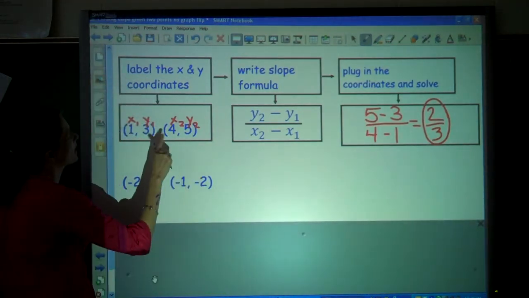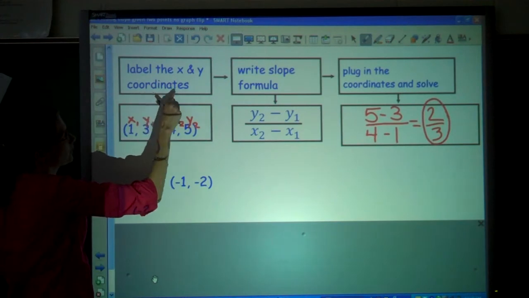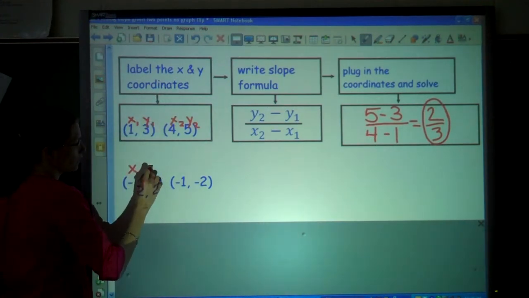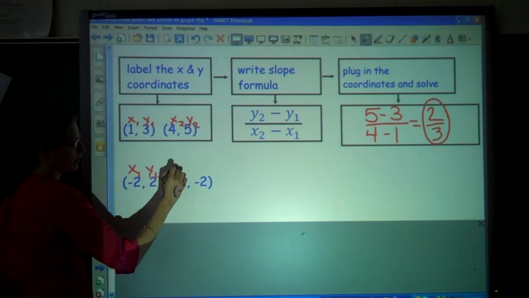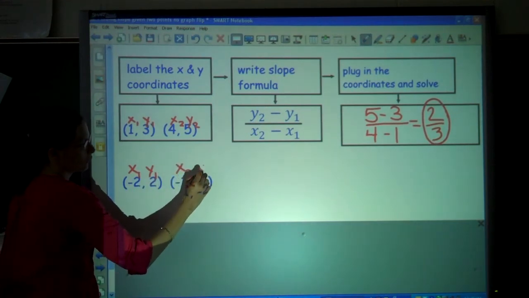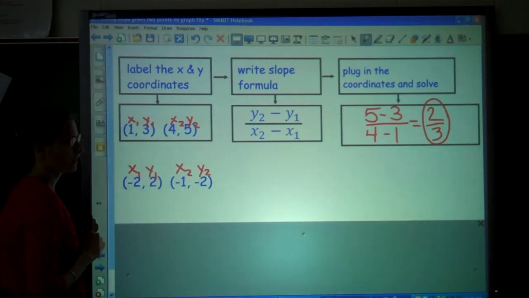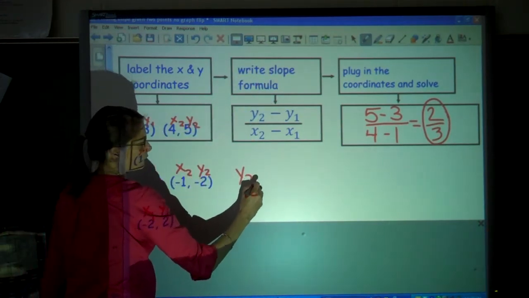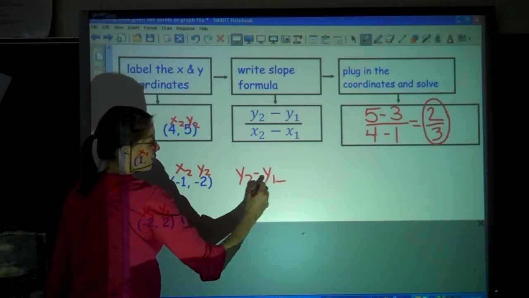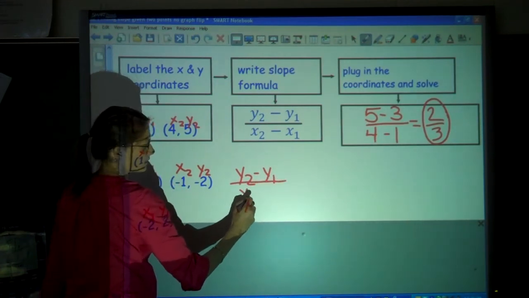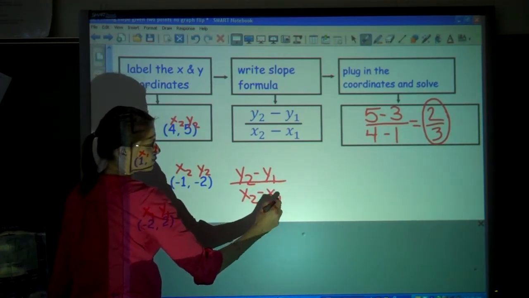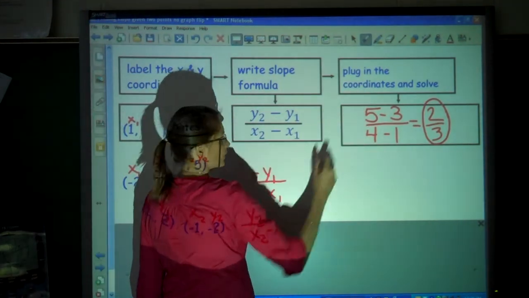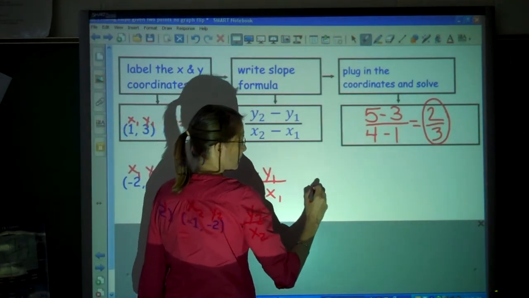So I'm going to look back up top, and it says label the x and y coordinates. So we've got x1, y1, x2, y2. And then step 2 is to write the formula, which is y2 minus y1 all over top of x2 minus x1. And step 3 is to plug in the coordinates and solve.